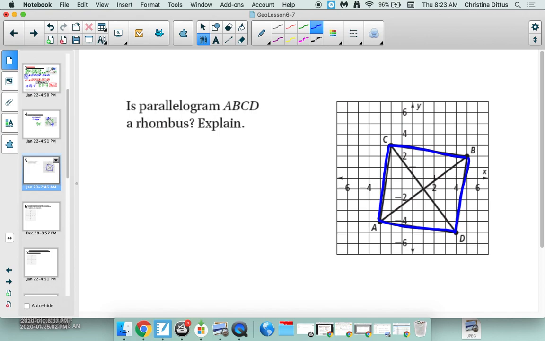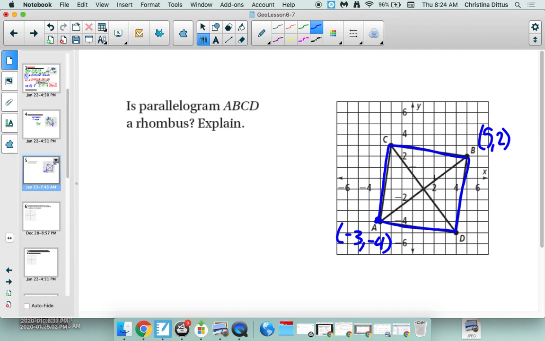A is at where? Is that -2, -3? I was thinking -3, -4. Oh, wait. B is way up at 5, 2. I really can't tell where the middle of this is.